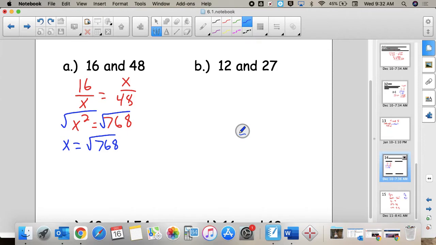The perfect square we are going to use then, we can start with 64 if we wanted. We can do 64 times 12.